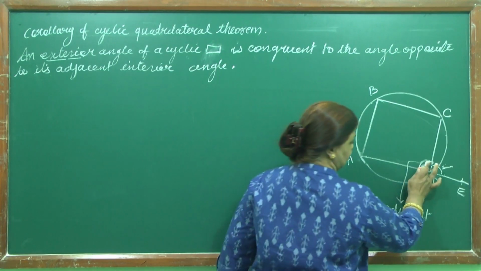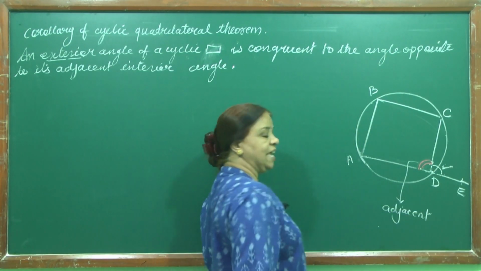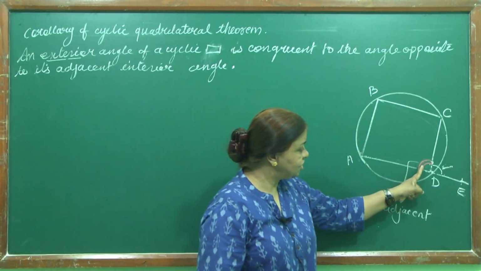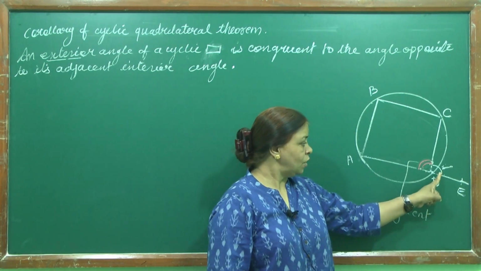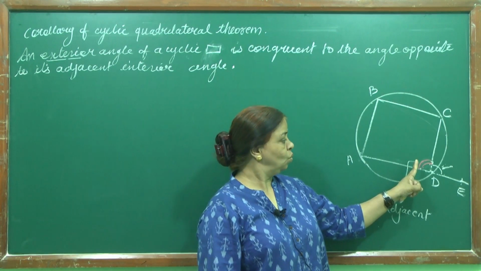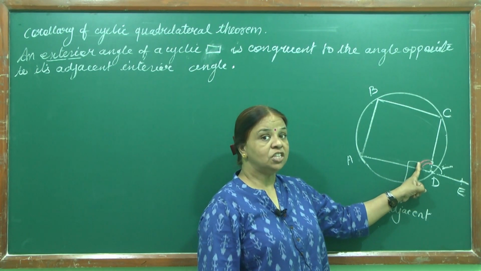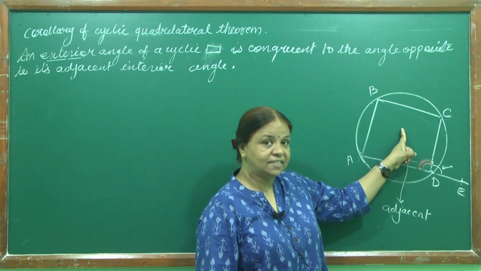This angle which is colored with pink is the adjacent angle to your exterior angle. So your exterior angle will be equal to the angle which is opposite to the adjacent angle.